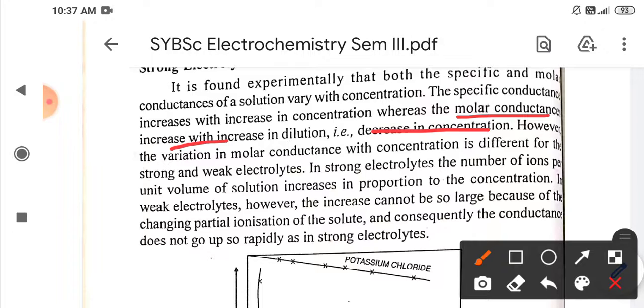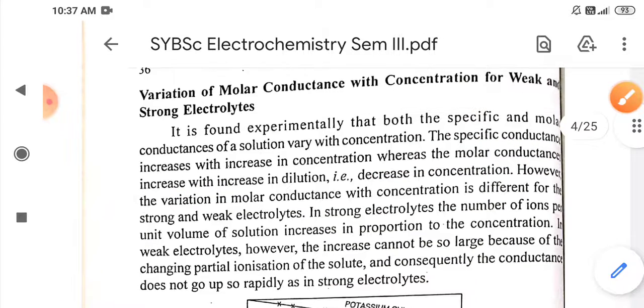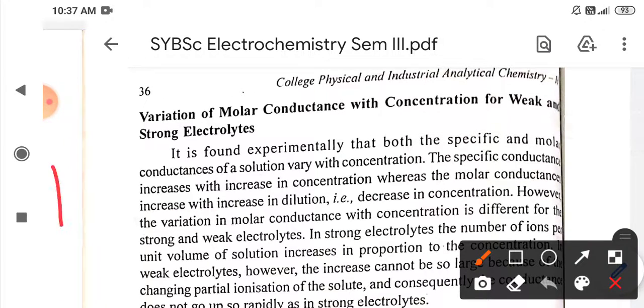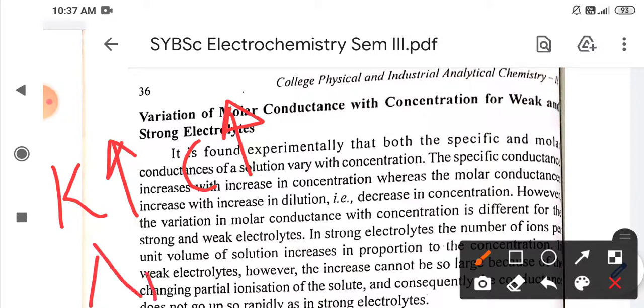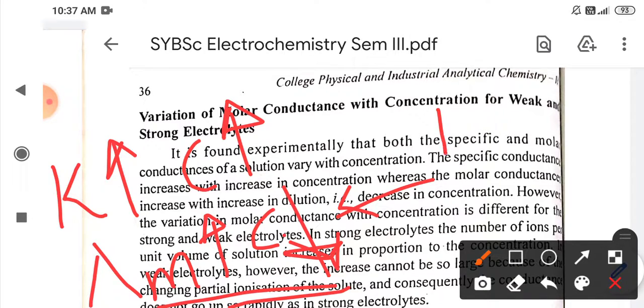So these are the two important parameters that we need to consider: the specific conductance kappa increases with increase in concentration, whereas molar conductance lambda m increases with decrease in concentration.